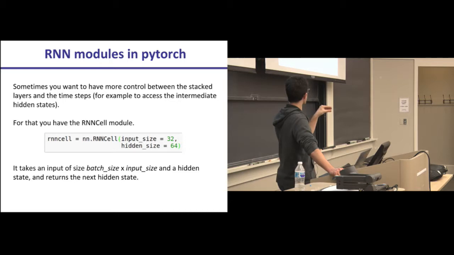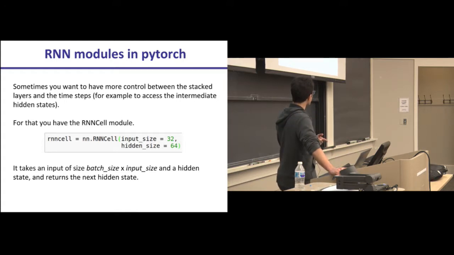That's the RNN cell module, where it takes an input of size batch size times input size. It takes the hidden state of size batch size times hidden size, and it returns the hidden state at the next step. So basically with an RNN cell, you can recreate by yourself the whole RNN class, or you can do stuff with it to make it more suited for what you want to do.